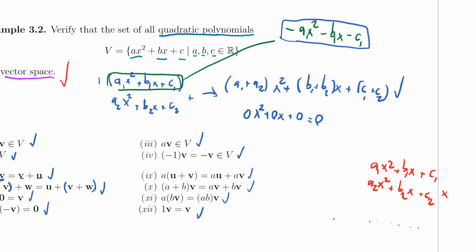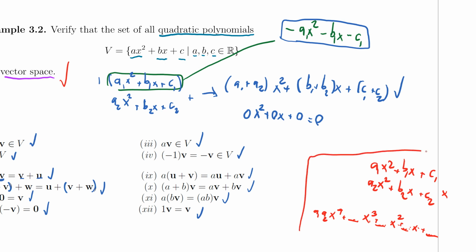I'm going to have x to the fourth times a1a2, and something in the fourth and in the cube power, which is no longer a quadratic polynomial, but this is okay.